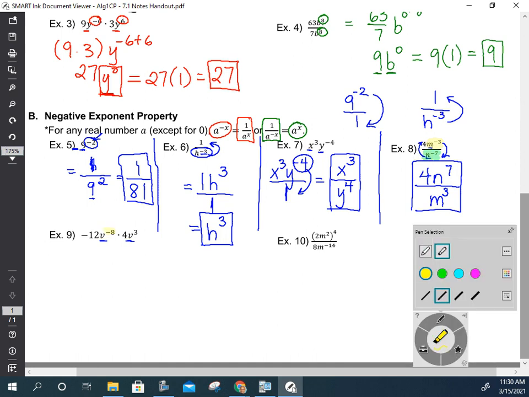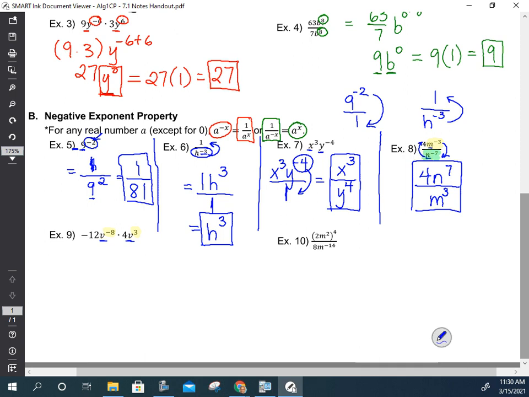So what am I going to do with those two exponents? Something has to do with them. Add them, subtract them, multiply them, distribute them. Something has to happen.